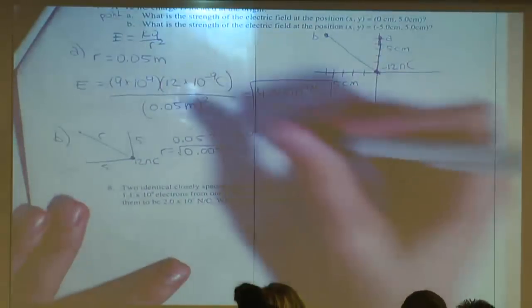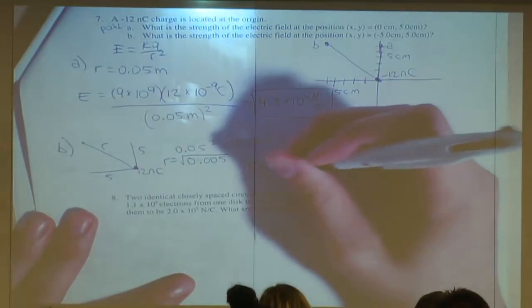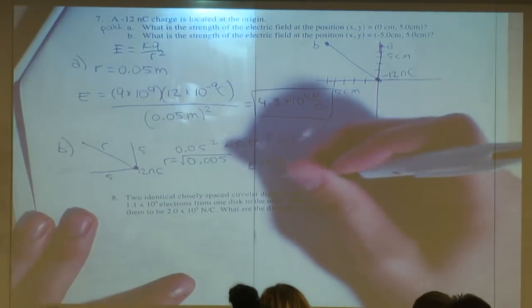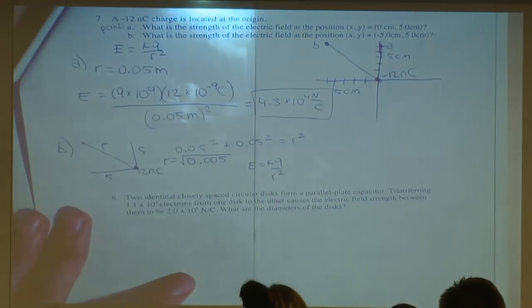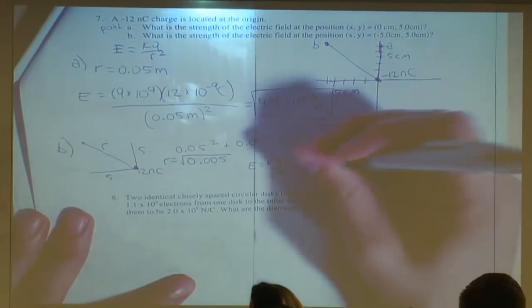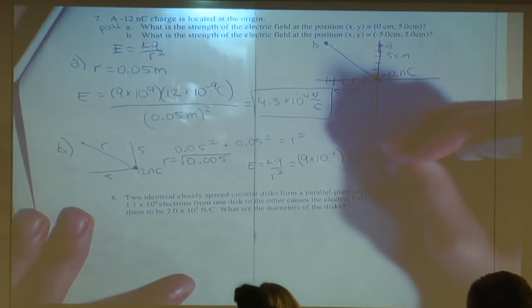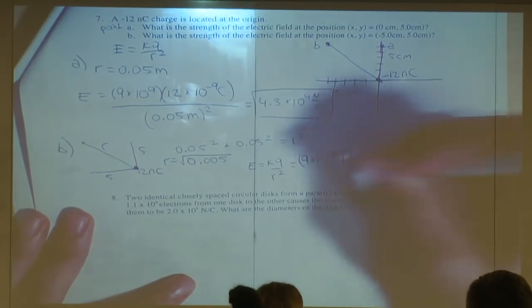So then we're going to plug this into our equation. We write KQ over R squared. And that's going to equal 9 times 10 to the 9th, as usual. The same Q, 12 times 10 to the negative 9th coulombs.